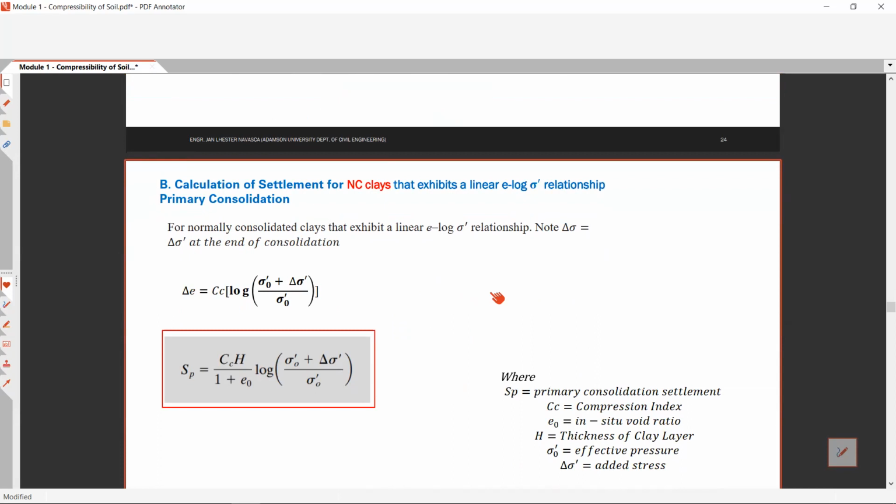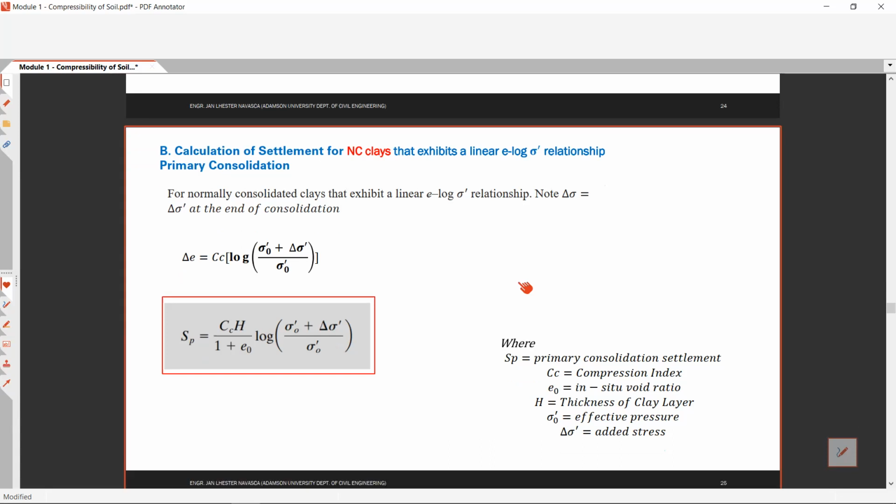So normally consolidated clay is when the past effective pressure is equal or greater than the present, equal to or greater than the past effective pre-consolidation pressure, or the maximum effective stress, right? That is the normally consolidated clay. So from the plot earlier, the e-log plot, that is C sub C, the compression index, or the slope of the e-log sigma prime plot relationship.